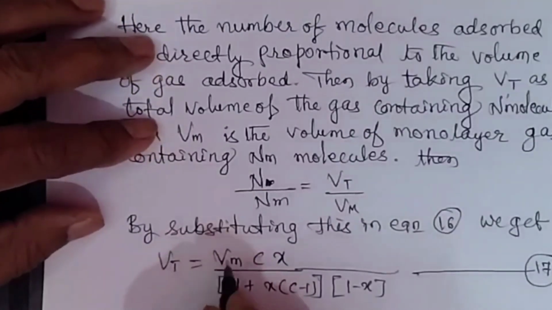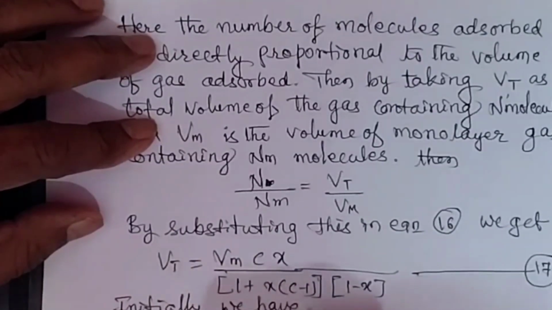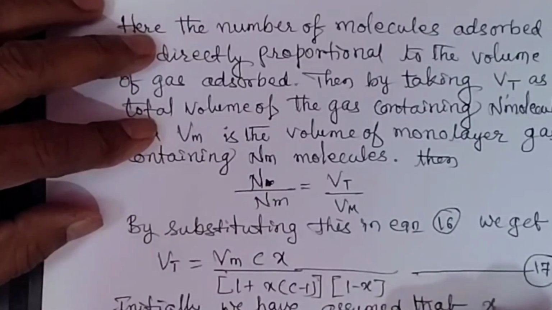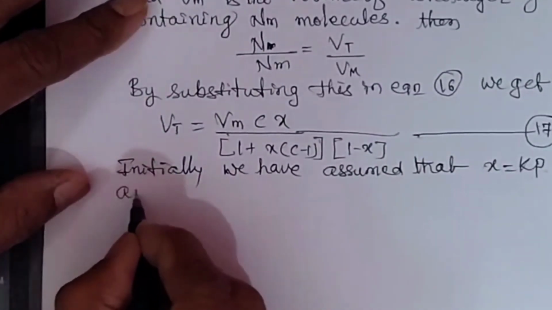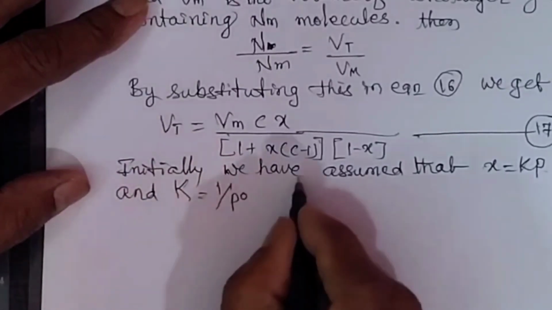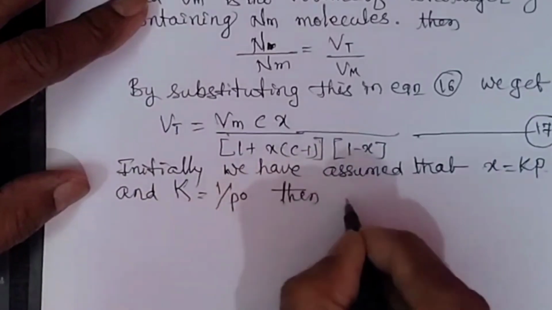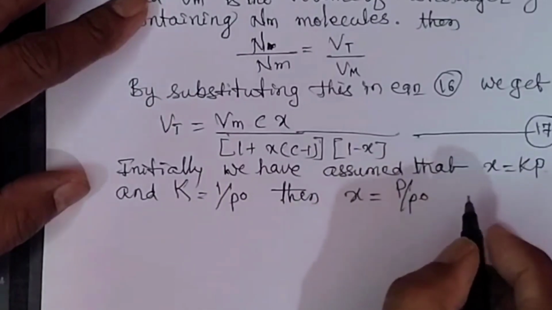Initially we have assumed that X equal to Kp and K equal to 1 divided by P naught. Then X equal to P divided by P naught.